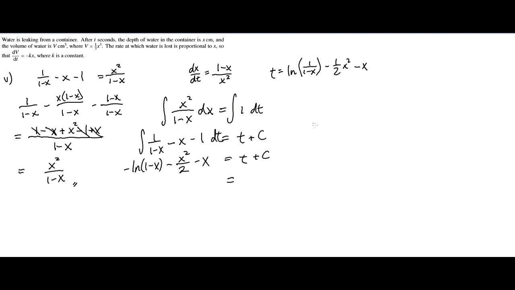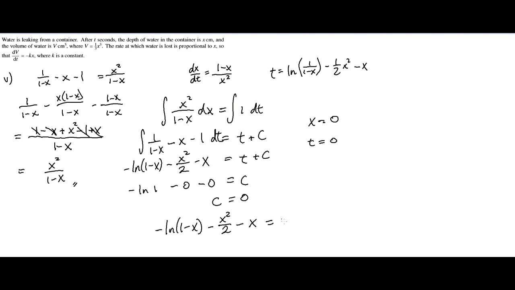We know that x is 0 when t is 0, and so c is equal to 0 minus ln of 1, which means that c is just 0 because ln of 1 is 0. And so this is just minus ln of 1 minus x minus x squared over 2 minus x equals t.